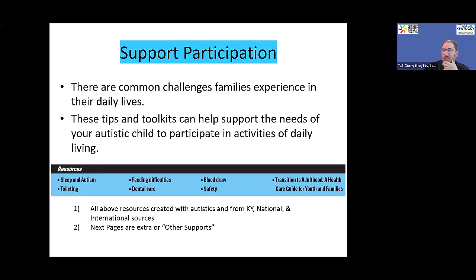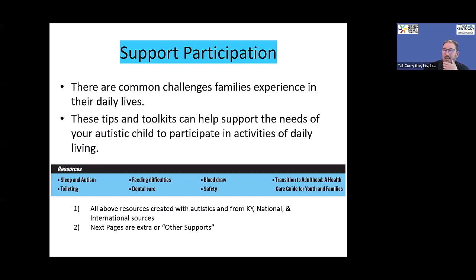And the difference there is if you Googled, or many parents Googled feeding issues or toileting, you might get something pulled up by Autism Speaks. And Autism Speaks, many autistics struggle with Autism Speaks because a lot of their initial efforts were around finding a cure for autism, language that wasn't always as appropriate.